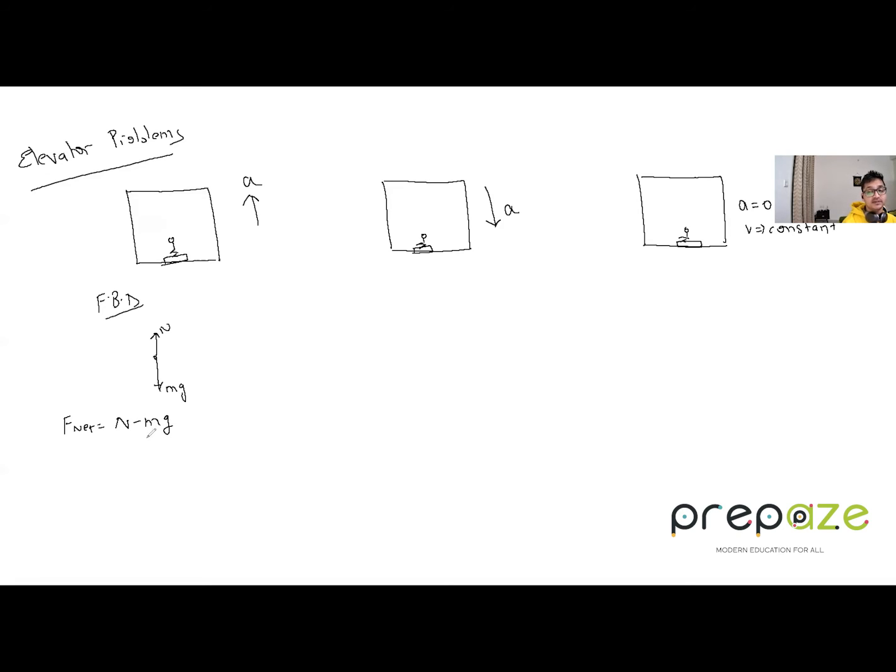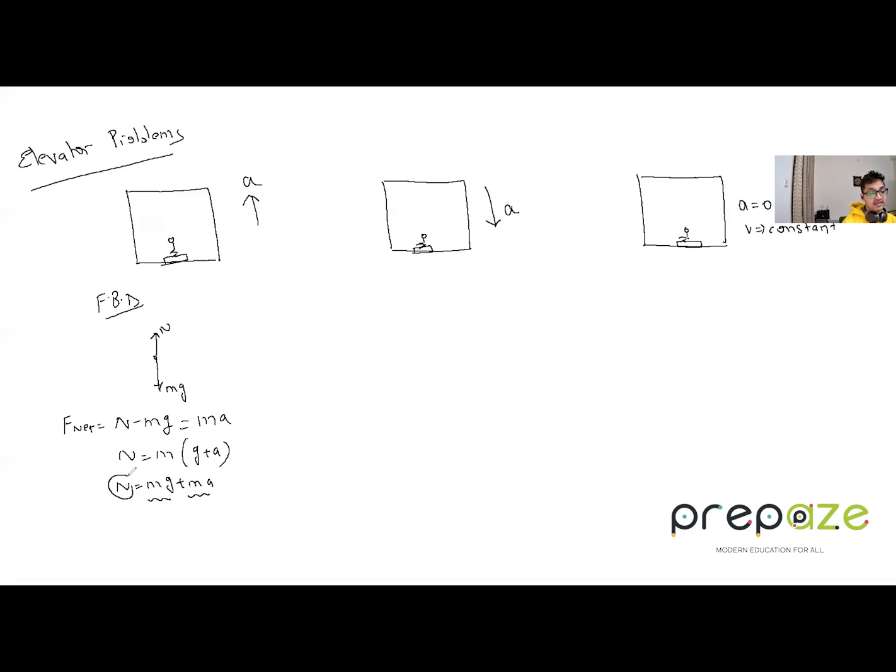Because going back to Newton's second law, the net force is always in the direction of the acceleration. Clear? So N minus mg equals ma, and N is m times (g plus a). Mg was the weight originally when the person was on the ground, plus ma. That is, something is being added to the weight of the person.